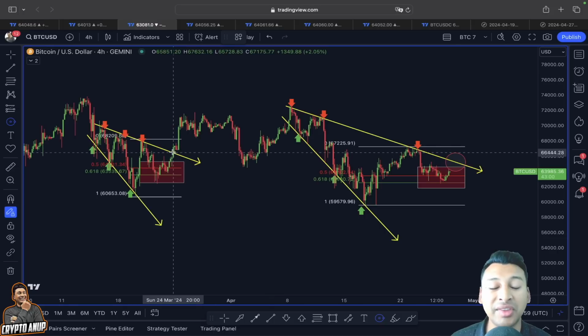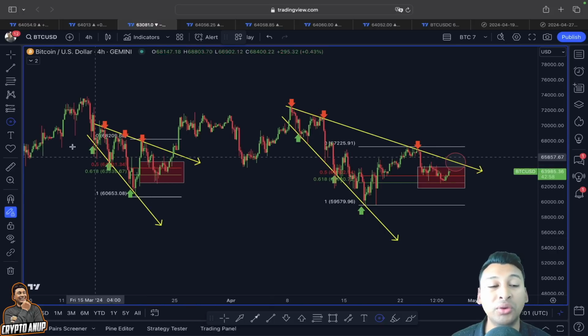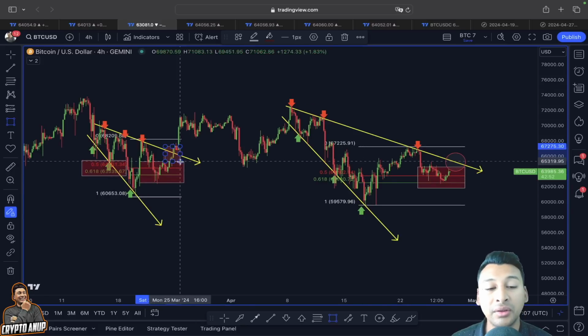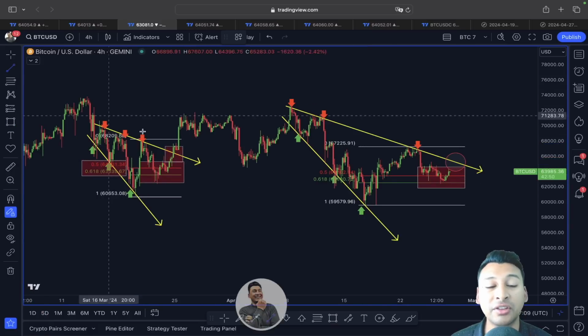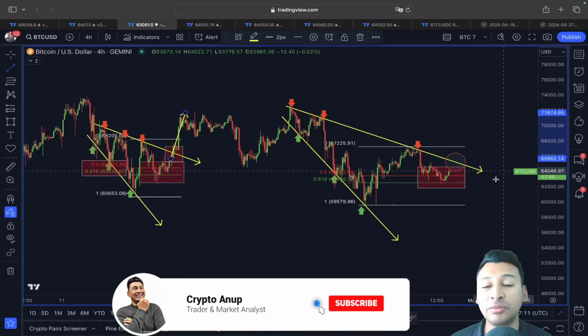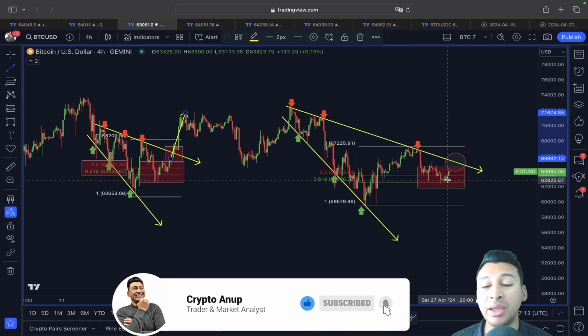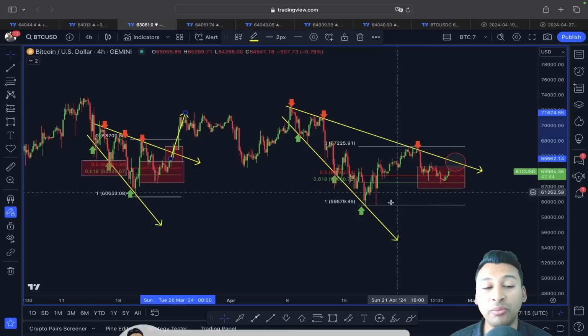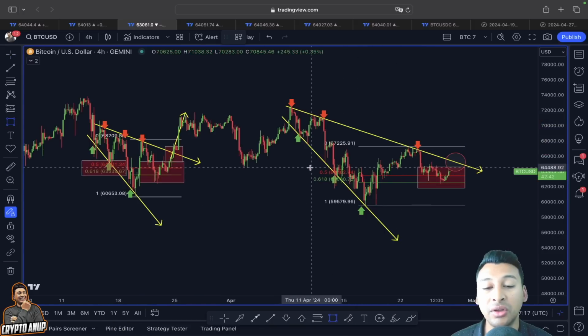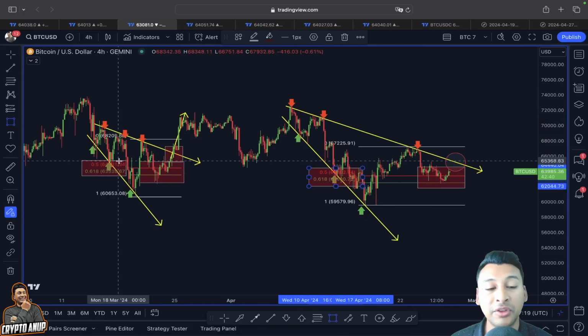And in the past price action, we found out after testing the support from this 0.618 Fibonacci line, after breaking the resistance from this descending broadening wedge, the price of Bitcoin started showing an impulsive move. And in our case, you can see we also came back to test the support from this 0.618 Fibonacci line, just like from this past price action.